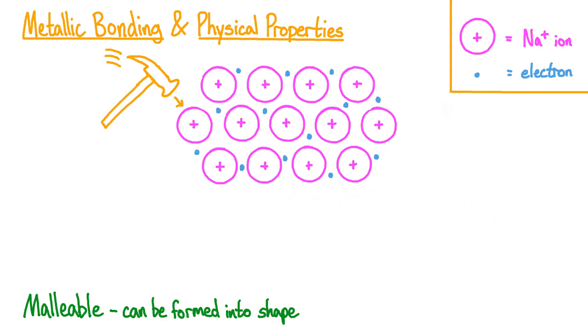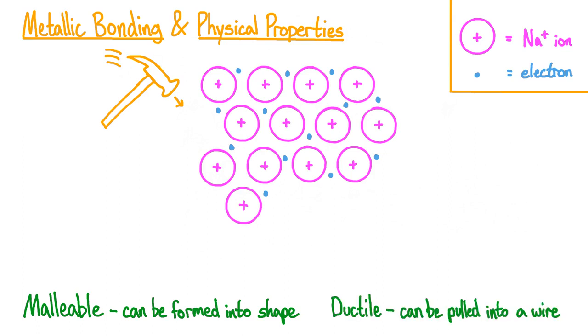When a force is applied to a metal, the shape of the lattice can change, while the particles are still held together by an electrostatic attraction between the positive ions and the negative electrons. Thanks to the delocalized sea of electrons, the positive ions in the metal have more freedom of motion than in a brittle ionic compound.